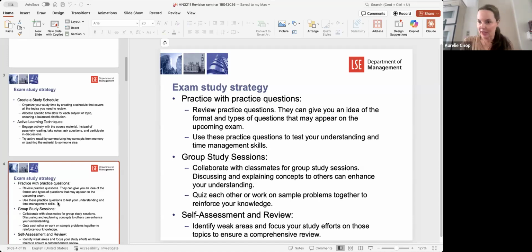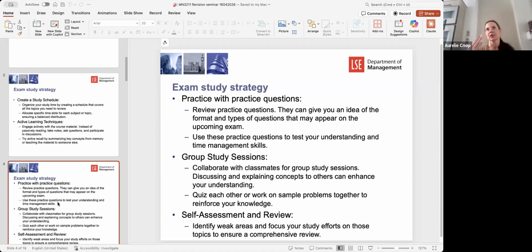Another good tip, if you can, as I mentioned, is the idea of a study group. Collaborate with classmates, discuss and explain concepts to others, which can really help you to clarify, simplify the concept and reframe it in your own words. You could quiz each other or do sample problems. What is often suggested is to create your own practice questions.